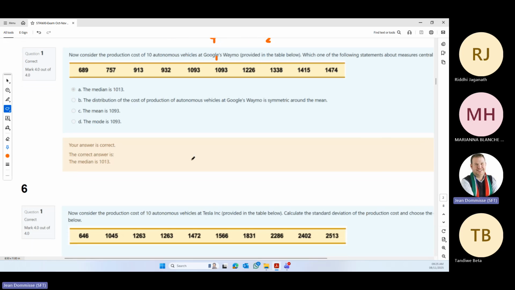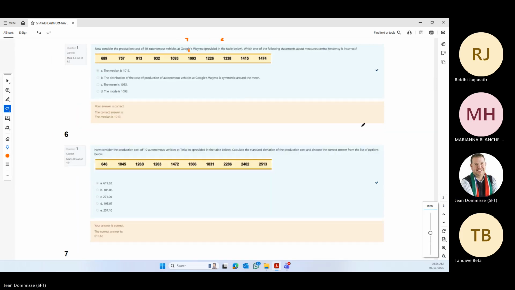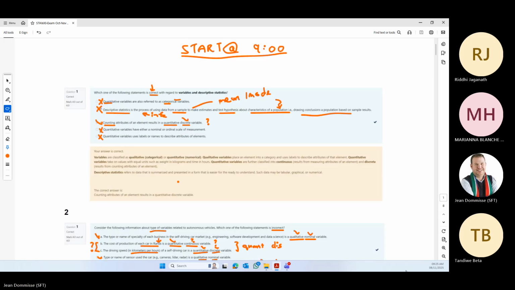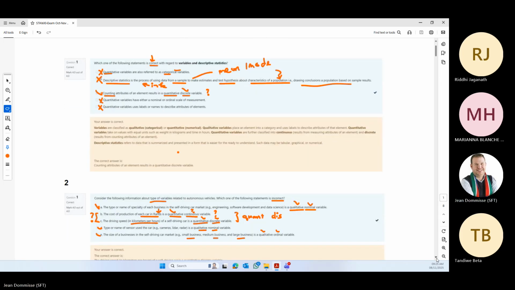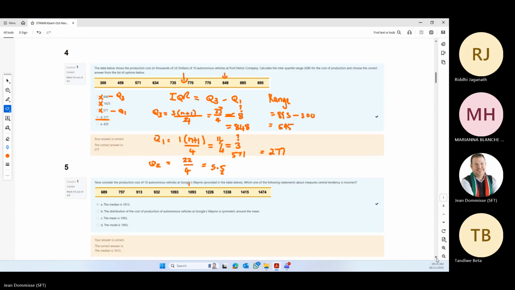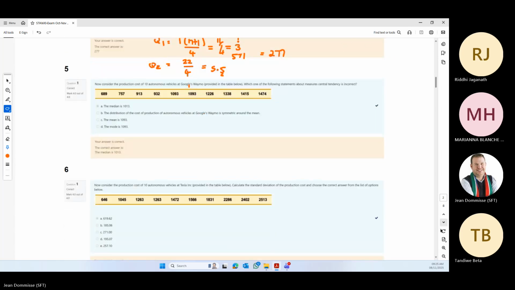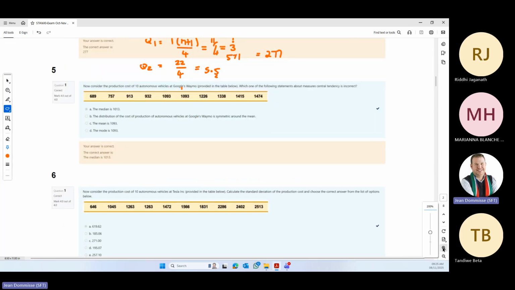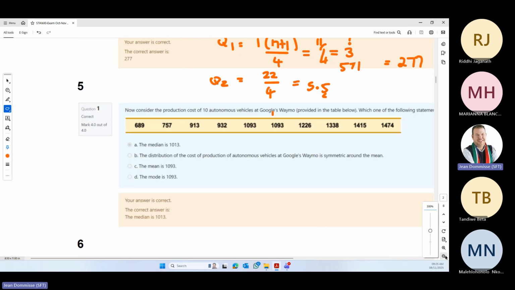Now we go into a bit of mean, median, mode, and let's first just see the whole question. I can probably make it one or two. No. Okay.